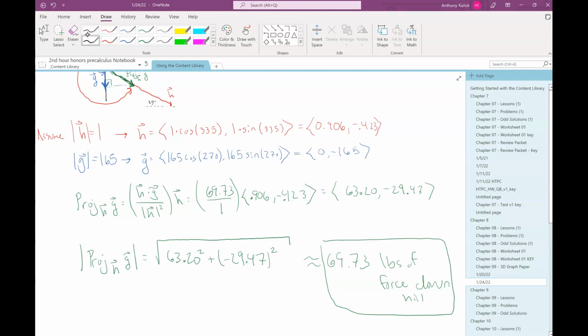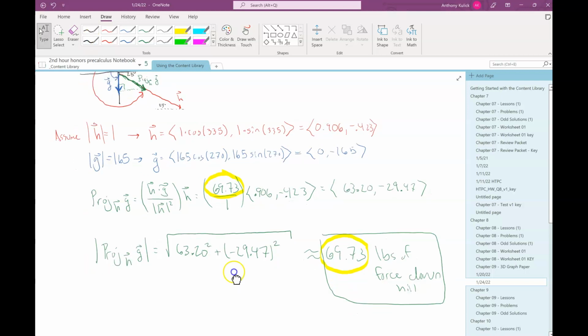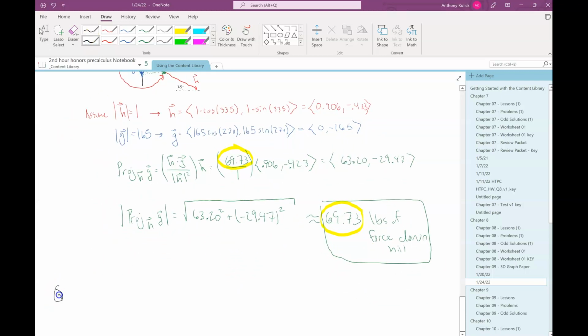Okay. Can I point something out to you? This 6973, did we see that number before? It popped up there as the dot product of G and H, right? So here's my question for you. If U is a unit vector, which is what we had here for H, right?